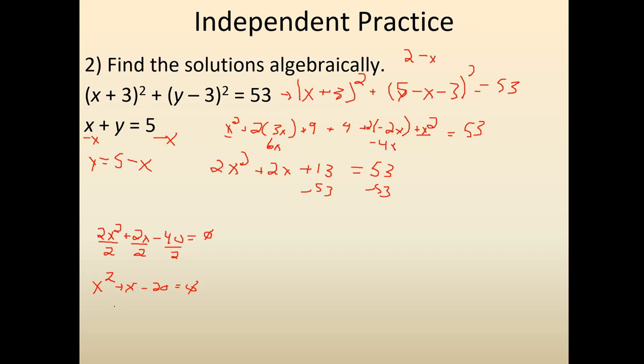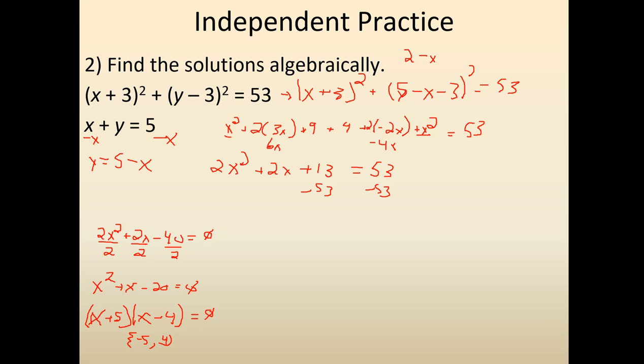This can be factored into x plus 5, x minus 4, because 5 times negative 4 gives me negative 20, and they add to positive 1. So my x solutions will end up being negative 5 and positive 4.